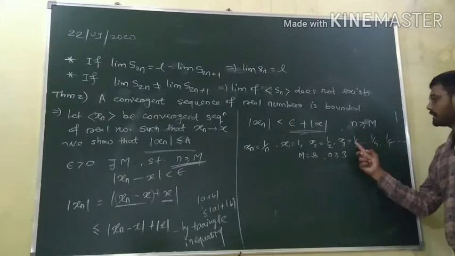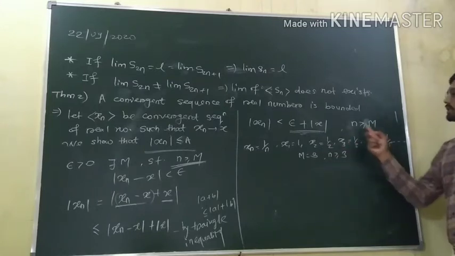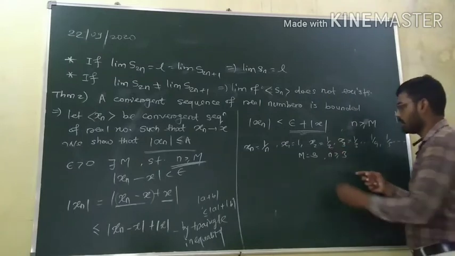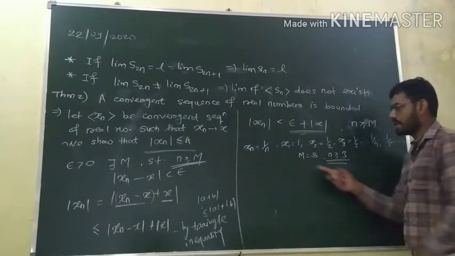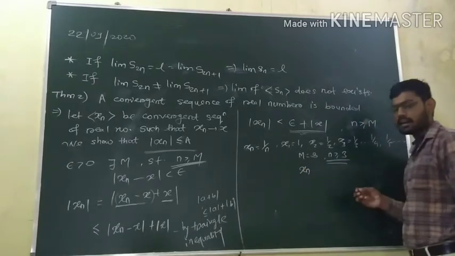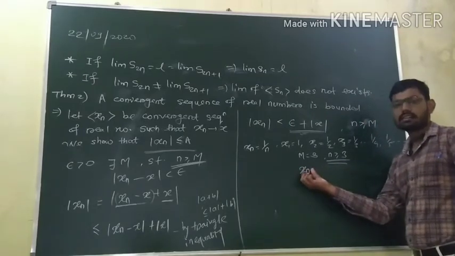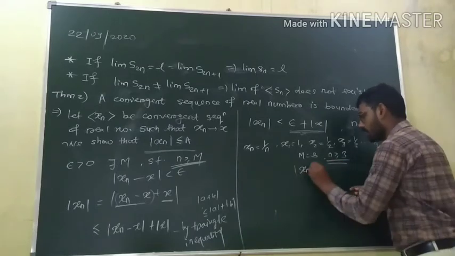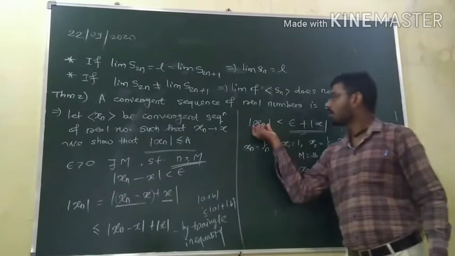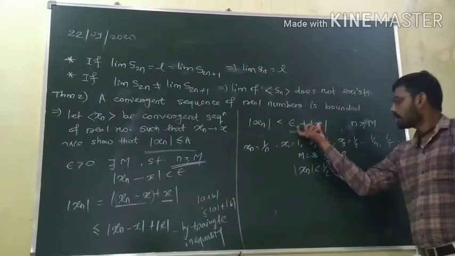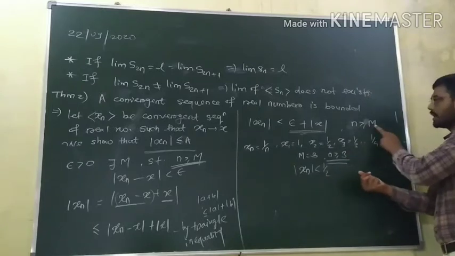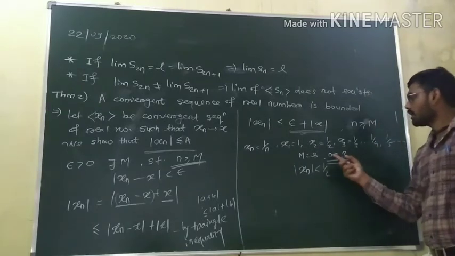See, 1 by 3 is less than 1 by 2, 1 by 4 is less than 1 by 2, and all the terms are less than 1 by 2. So we can take less than 1 by 2. The same here: all the terms of xn are less than this number whenever n is greater than or equal to m. But what about the terms before that?